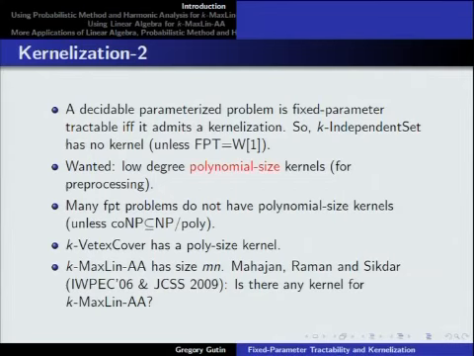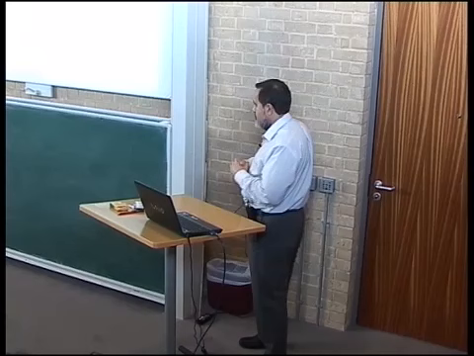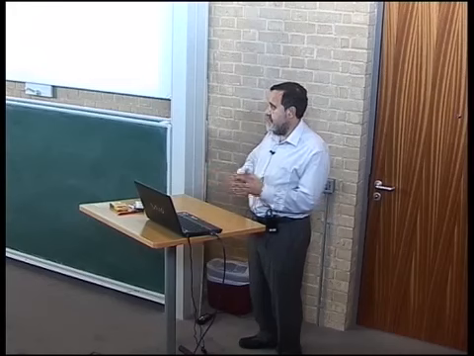You are given a decision problem and you want to reduce the size of your instance without losing your parameter on the way. And of course, to be of practical interest, you want the size to be bounded by a low degree polynomial.